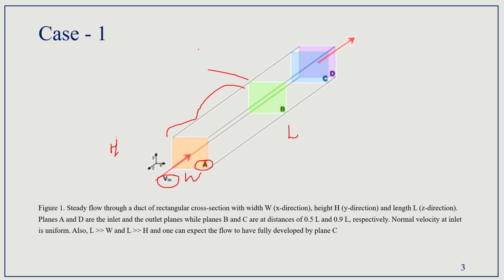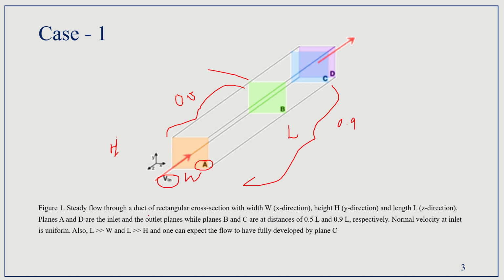So if it is 1 meter, plane B is at 0.5 meter or 0.5 times L, and plane C is at a distance of 0.9 times L. So if it is 1 meter, it is at 0.9 meter length respectively.